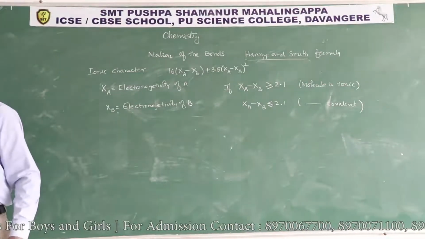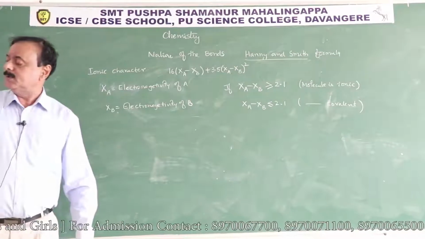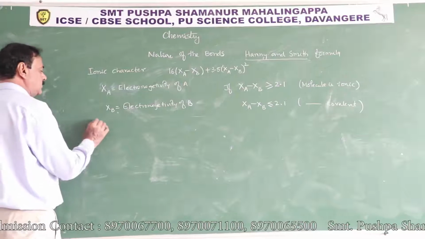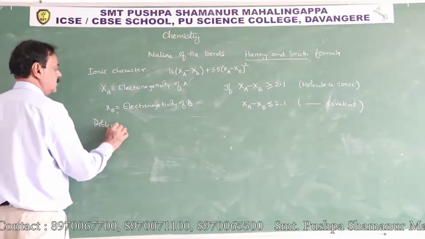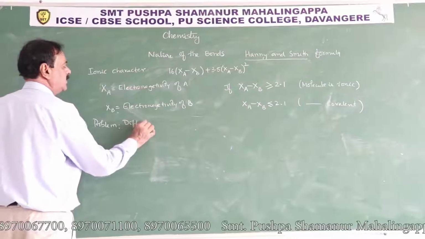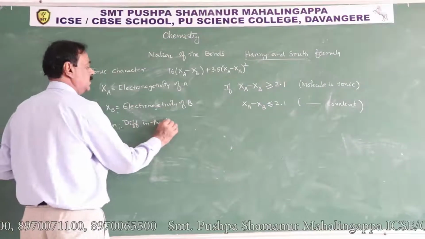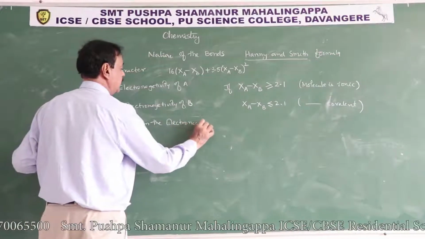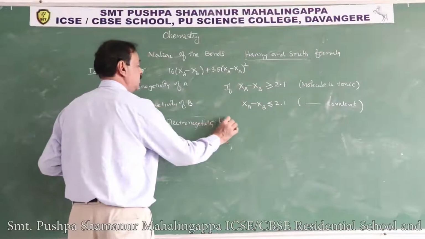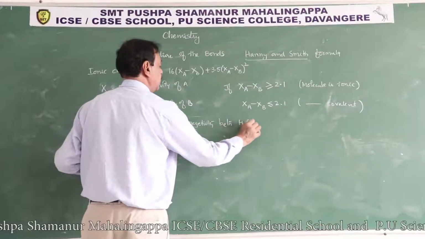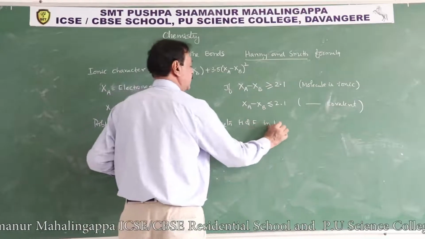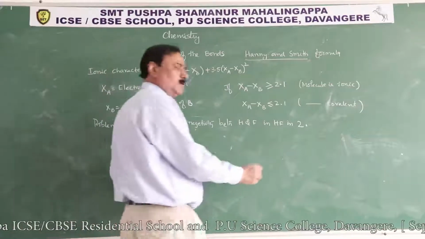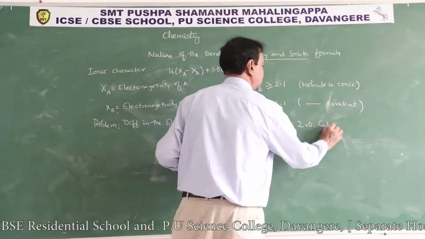For example, a formula problem: the difference in the electronegativity between hydrogen and fluorine in HF is 2.0. Calculate the percentage of ionic character.